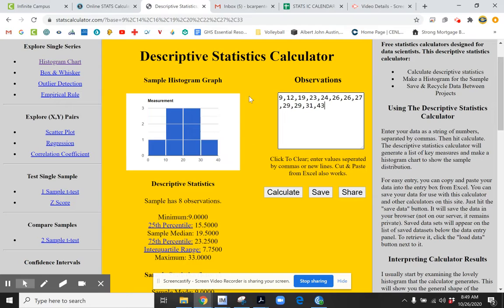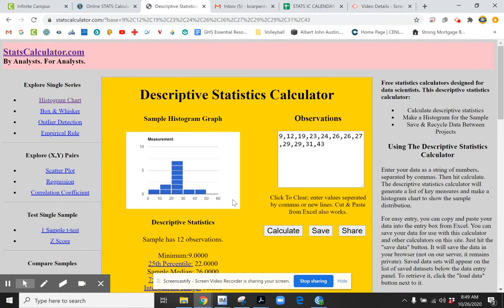Okay. And so I'm just going to check, right? 1, 2, 3, 4, 5, 6, 7, 8, 9, 10, 11, 12. Okay. So that seems to be correct. I would click calculate and I'm going to get a sample histogram.